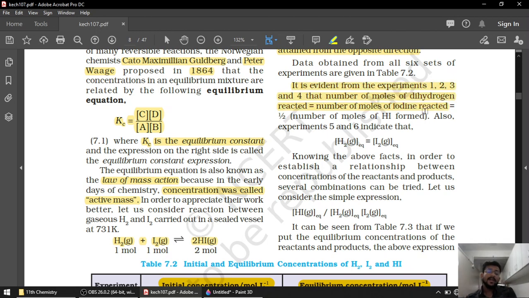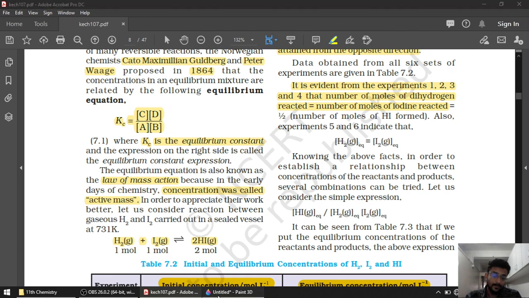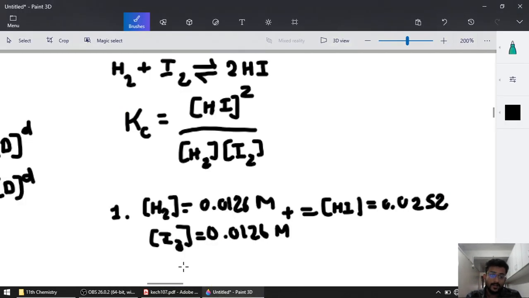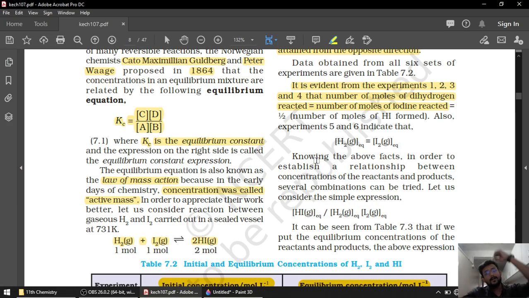Used H2 and used I2 are the same in all the cases, while the amount of HI formed is double. So if you divide it by 2, all 3 will be equal. It is explained in the 5th and 6th experiments also that H2 and I2 both form equally.